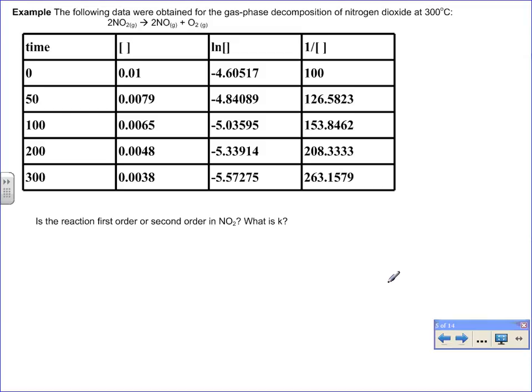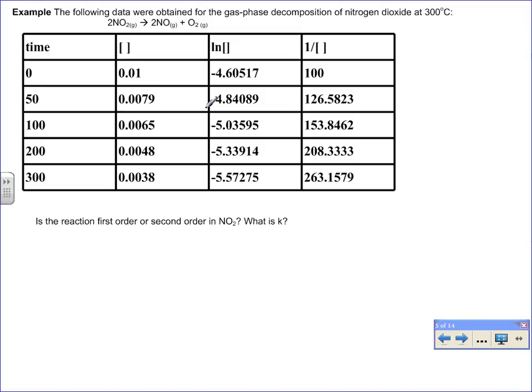So let's look at an example because it's the best way to really put this together and see how you need to be able to manage this information. So in your notes, you have in the second example that I give you, okay, with the 2NO2 going to 2NO and O2, you're given the time and you're given the concentration of NO2.